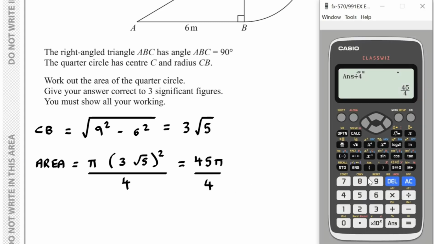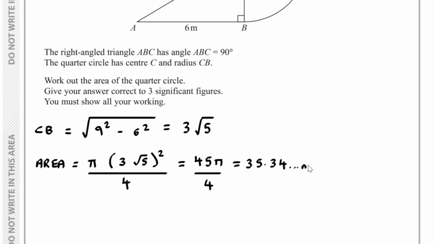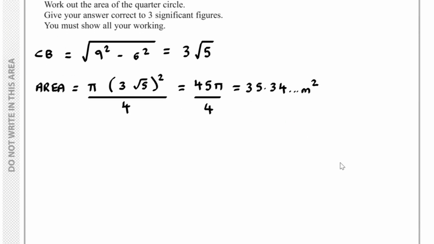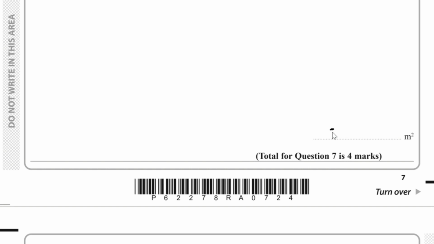And as a decimal, it turns out we get 35.34, etc. meters squared. So we have 35.4 meters squared given to 3 significant figures.